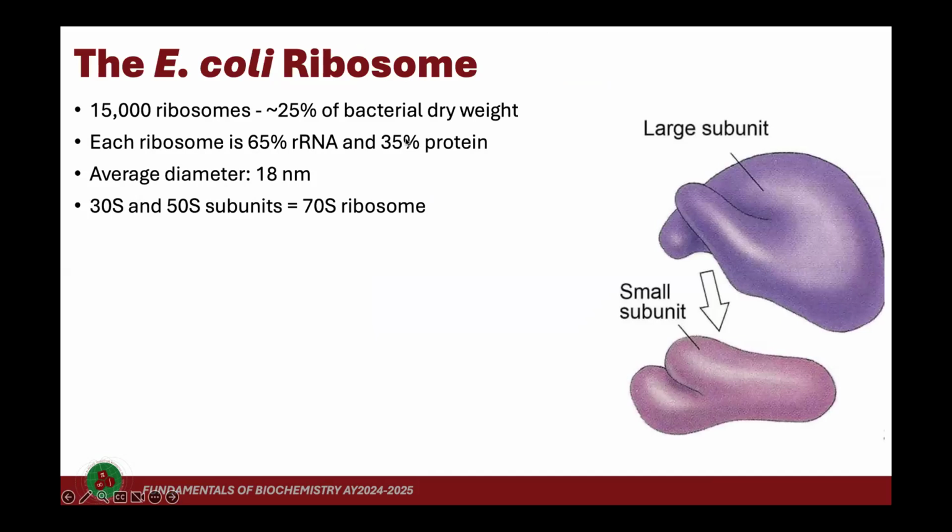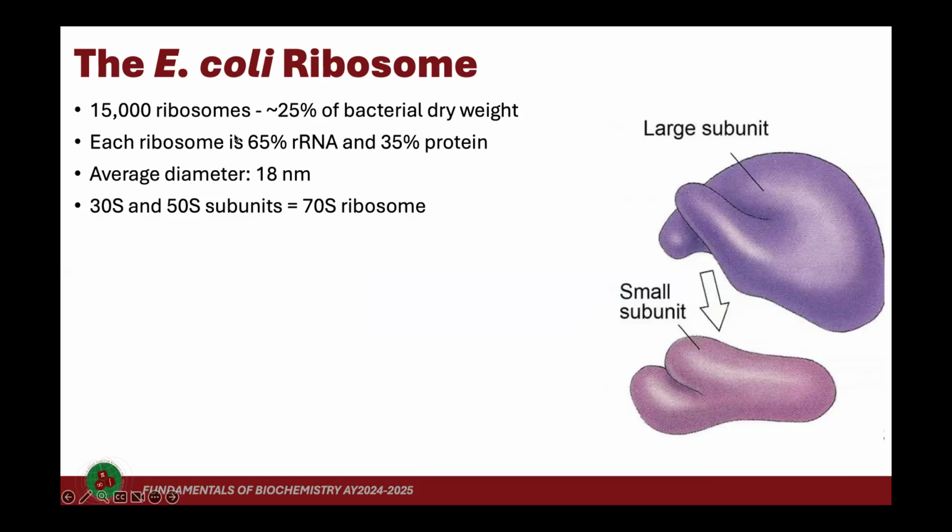Okay, so the E. coli ribosome. For bacteria, so for prokaryotes, there are around 15,000 ribosomes, and that will account for 25% of the bacterial dry weight, which again shows us the importance of protein synthesis. Now, each ribosome molecule is made up of RNA molecules, that's what we call rRNA or ribosomal RNA, and protein molecules.